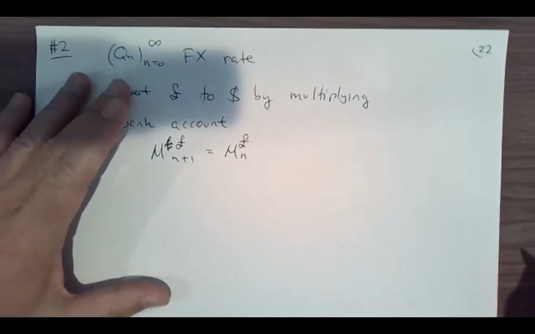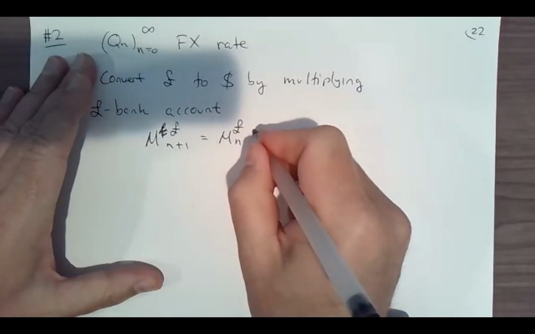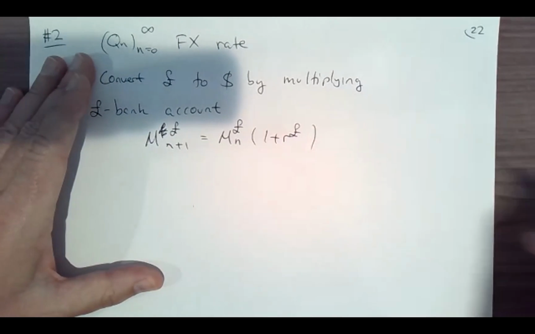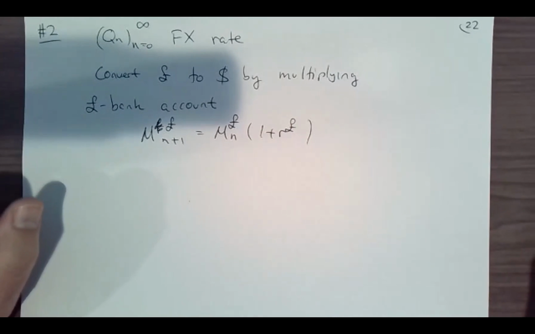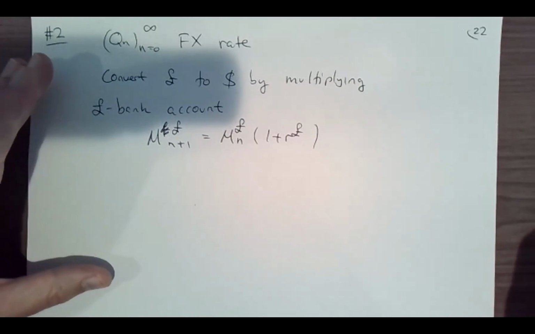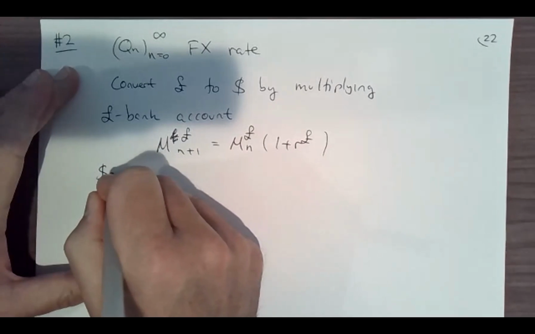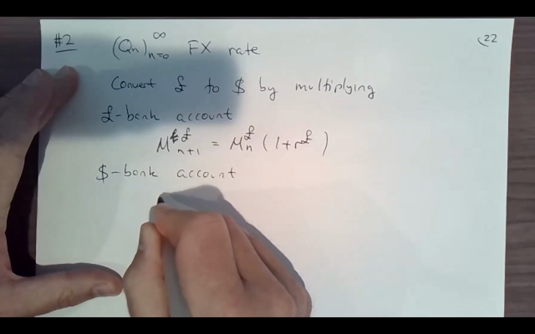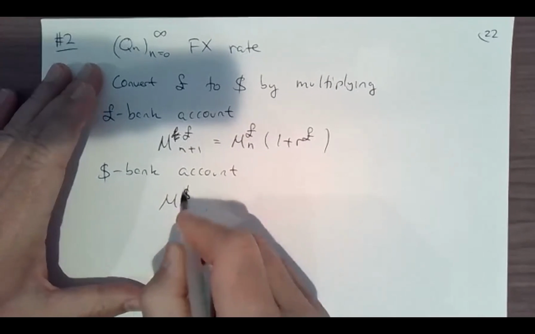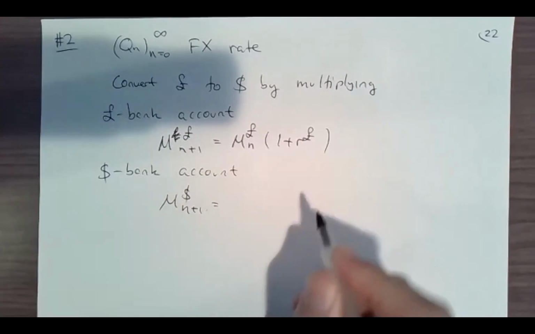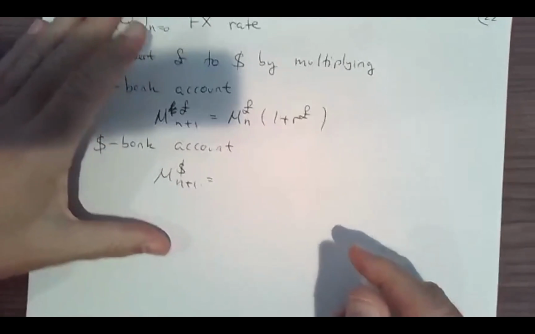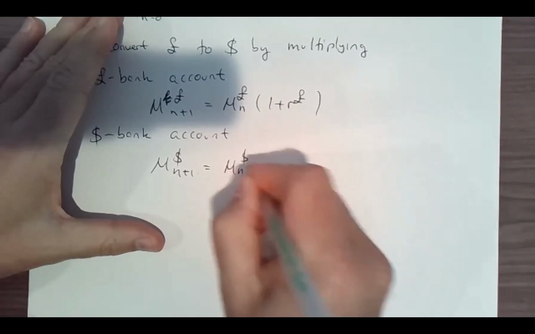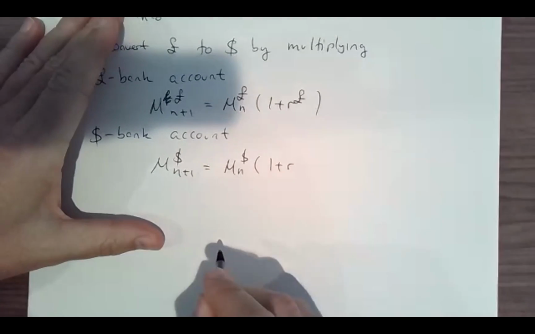So you have the pounds that were in the previous period plus the pound interest rate. And you also have a dollar bank account. We also assume that there's a constant interest rate in the dollar country, the US. We just denote that by R.